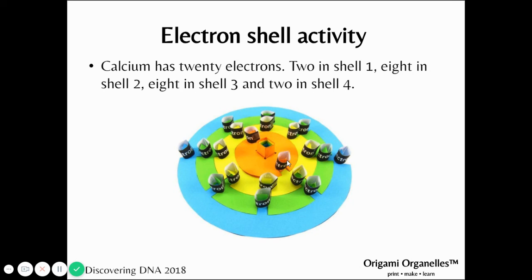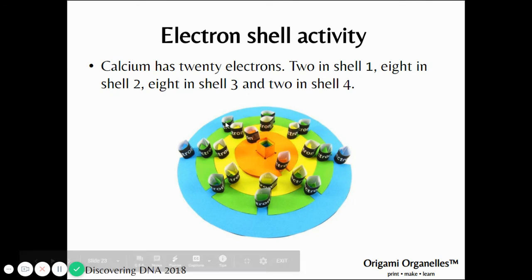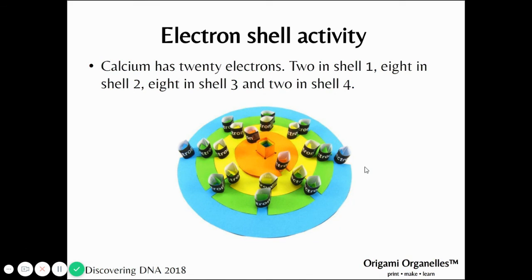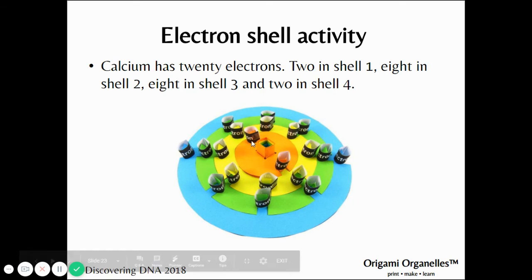The green one went underneath, and then we add all the electrons on there. And now there's still 2 more needed to reach 20 electrons. So I put the 4th shell underneath there, and then we put the 2 electrons on the sides there, and we now have 20 electrons on here. And this model is showing calcium. All right.